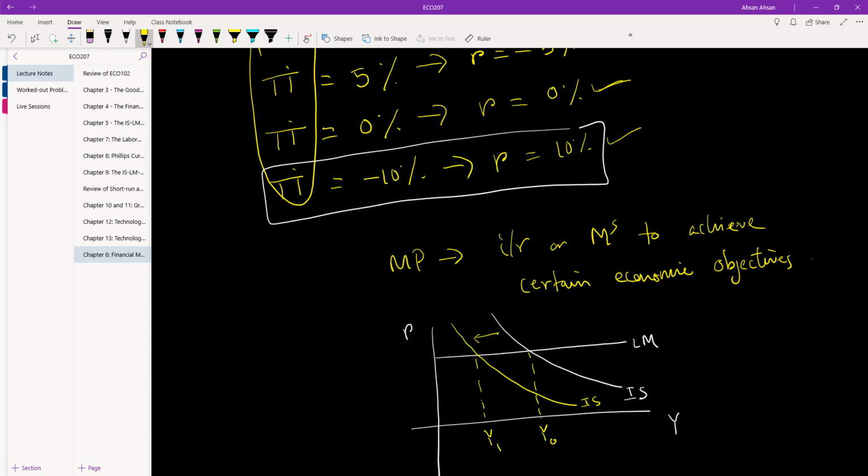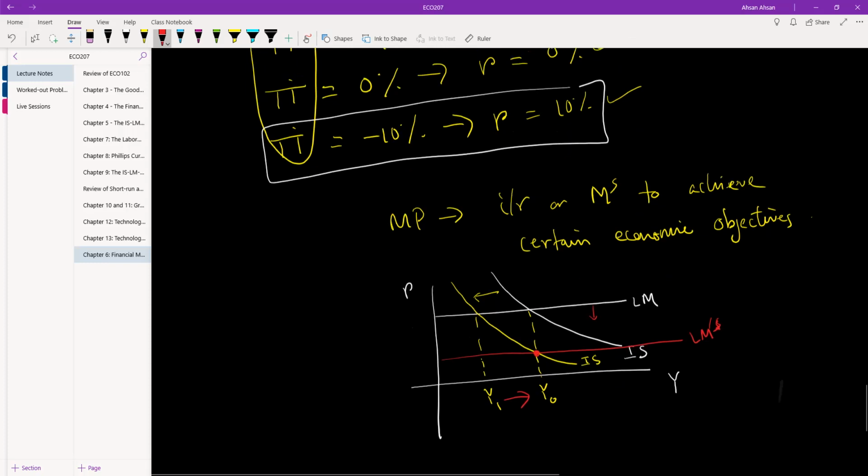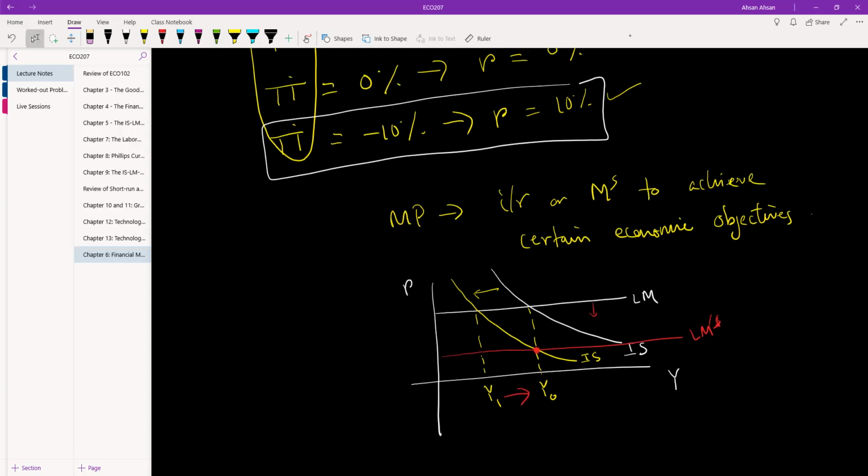How do we solve this problem? One way could have been for us to lower the interest rate, get to this point, let's call it LM prime, and we would have been back here, right? And so output would have gone back to the same level.